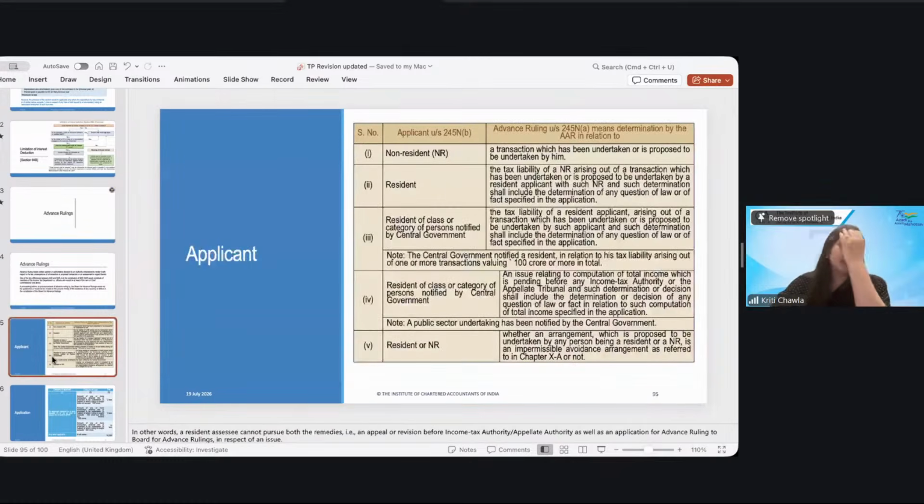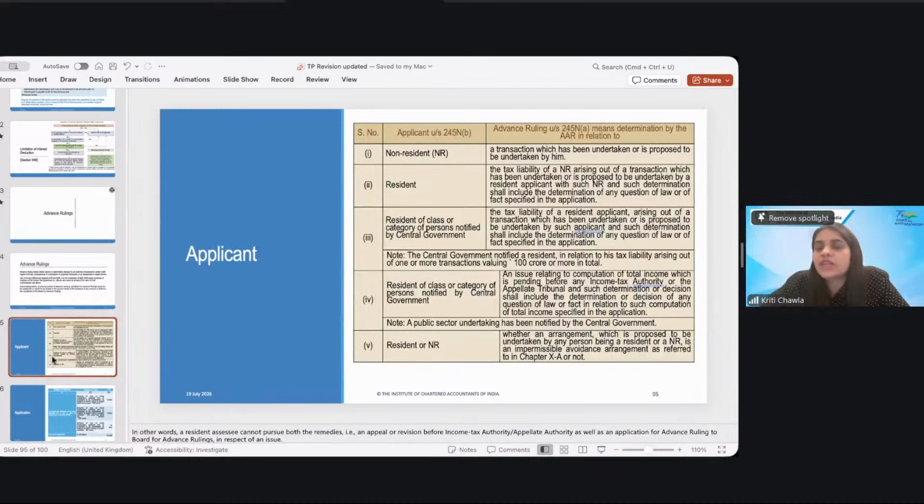Now, who can be an applicant before the BAR? As far as the BAR is concerned, the applicant under Section 245N(b) can be a non-resident.